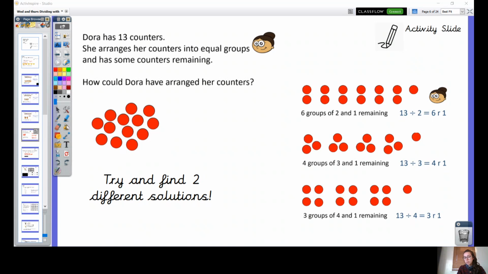So sometimes, like before, we might write out 3 remainder 1 for this example here in the corner. And sometimes you might see the remainder just written as an R. So in your work today, you could do that if you wanted to, just to write an R instead of writing remainder, as long as you understand what that means and remember what that means.